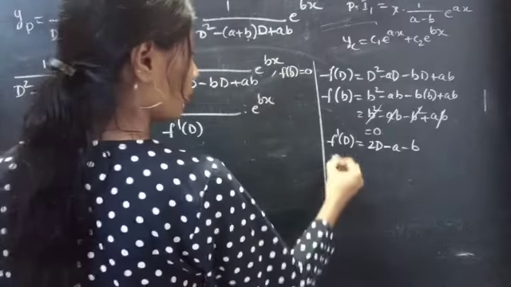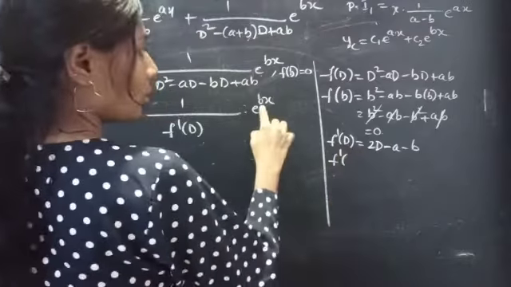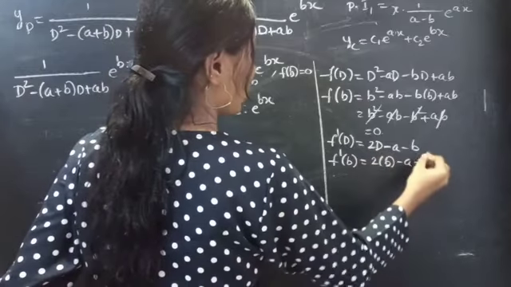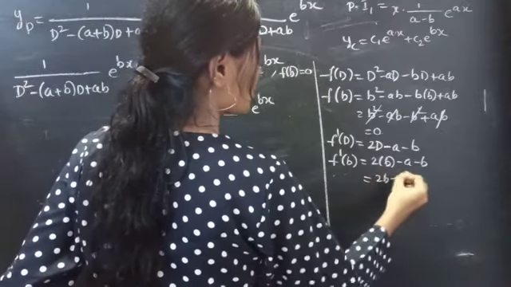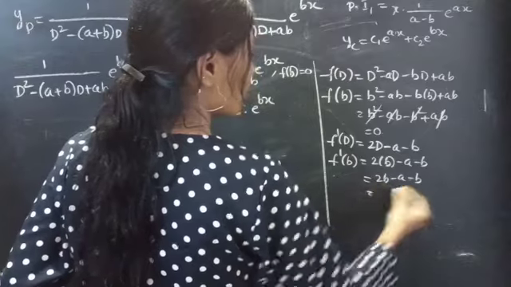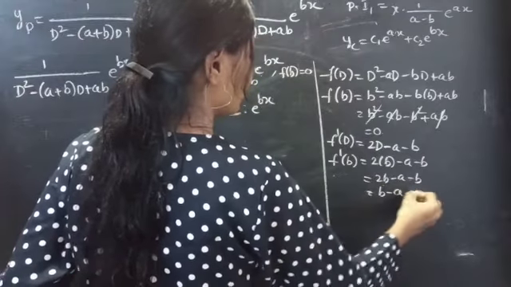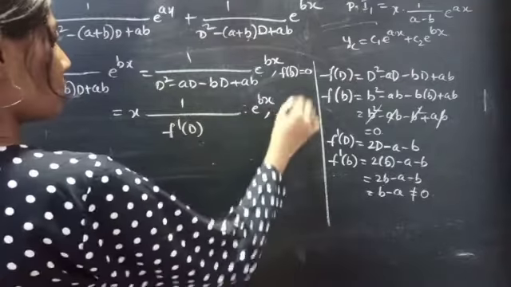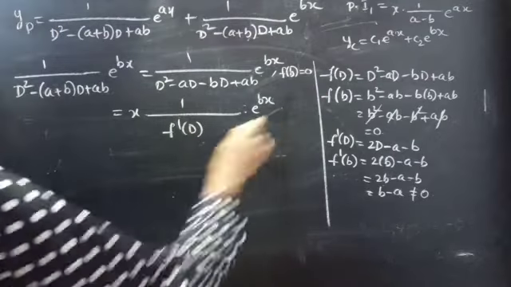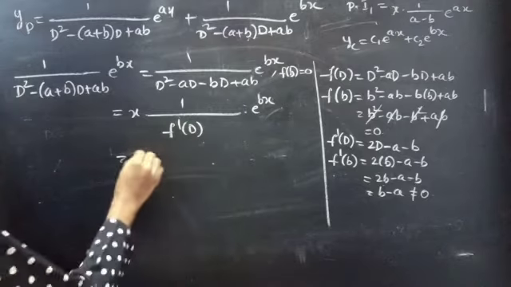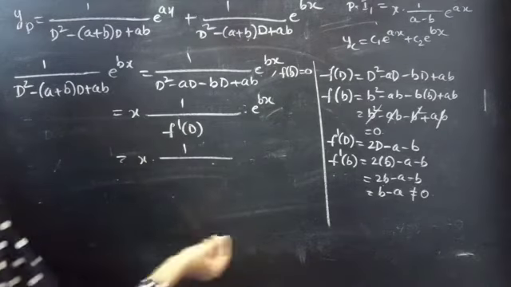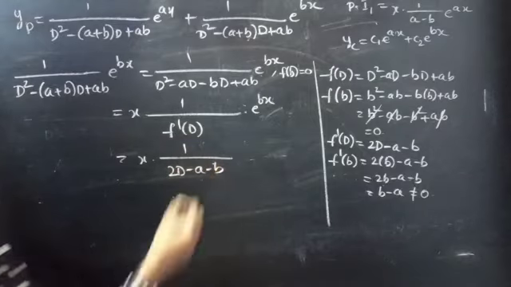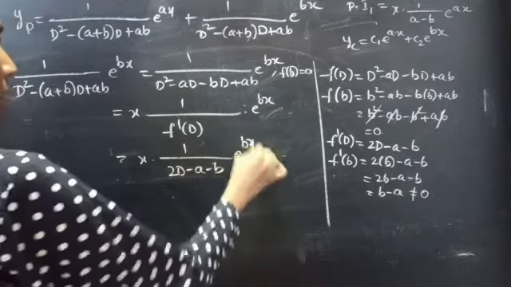Now we have to find f dash of b equals 2b minus a minus b. 2b minus b is b minus a, which is not equal to 0. We just wrote f dash of d and have not mentioned what it is, so we write f dash of d here, 2d minus a minus b, into e power bx, right?